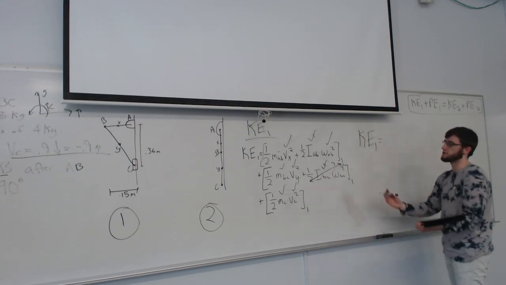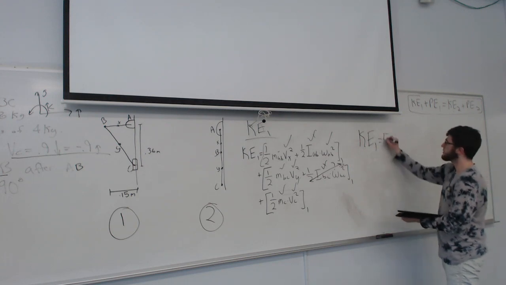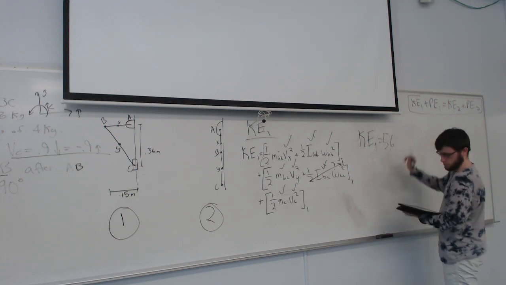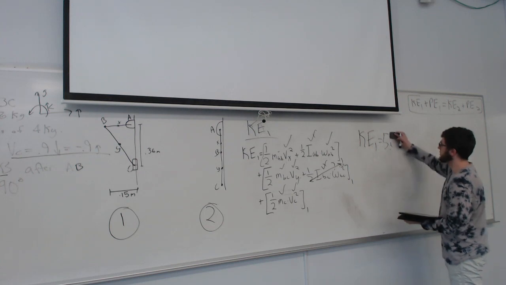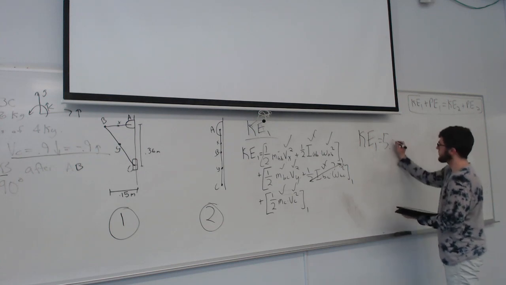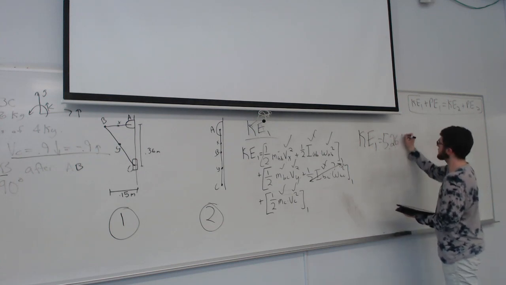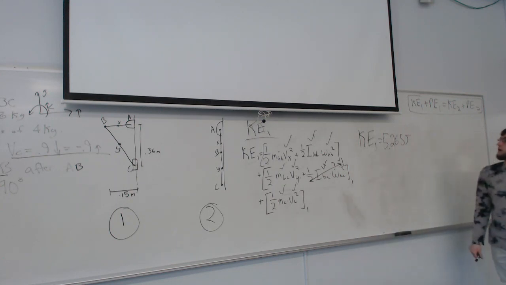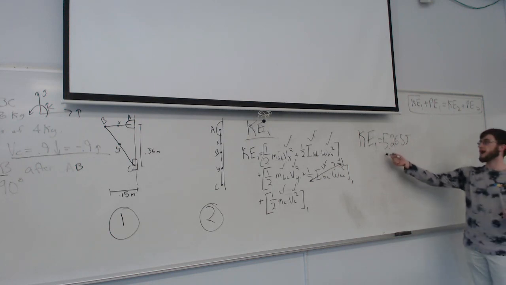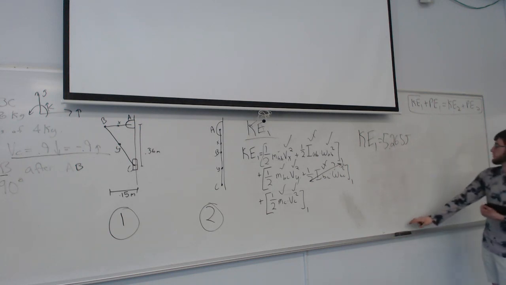So you literally just look at the equation sheet. Kinetic energy at point 1 of the entire system is 5.265 joules.